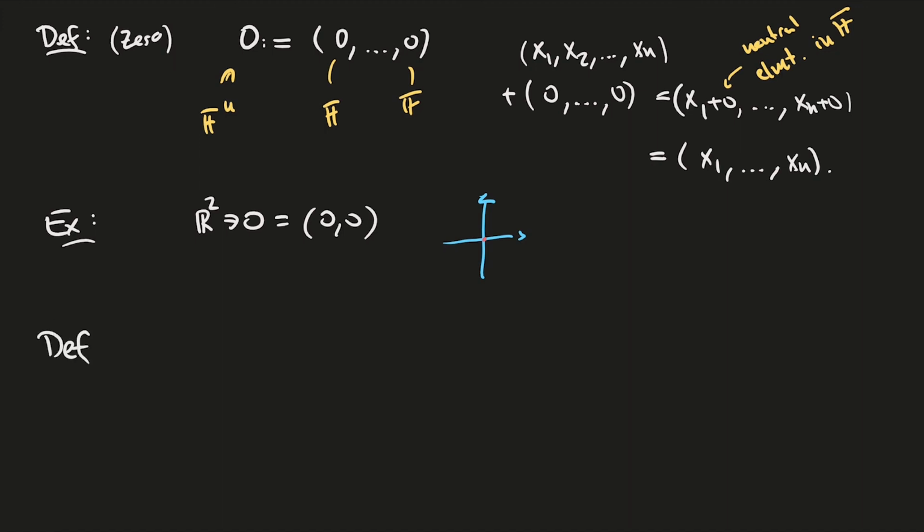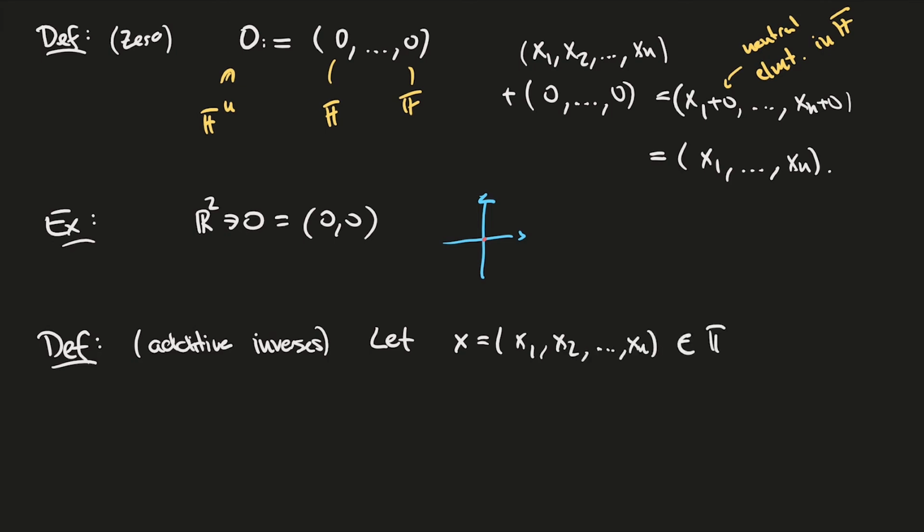We also have additive inverses for addition in Fn. So let x equal some element x1, x2 up to xn, which is an element of Fn. Then minus x, so I'll define what minus x is. This is minus x1, comma, minus x2, and so on up to minus xn.